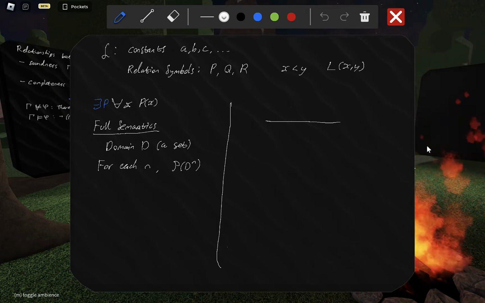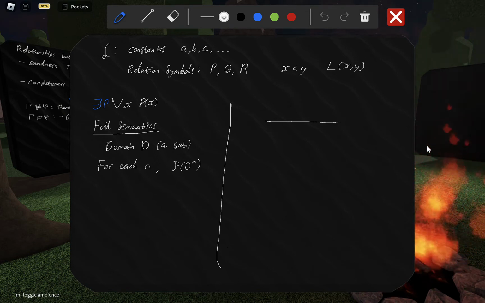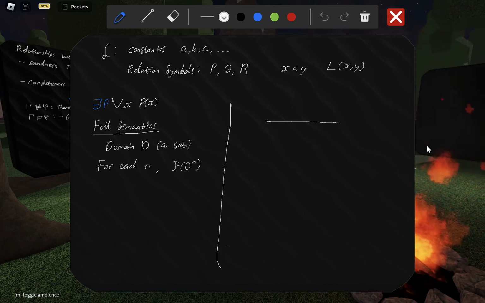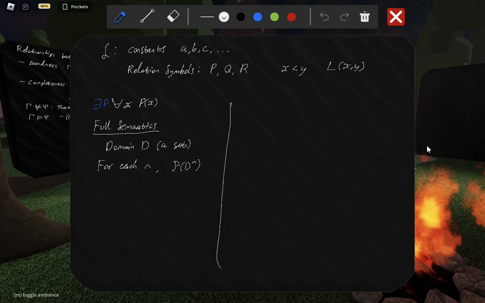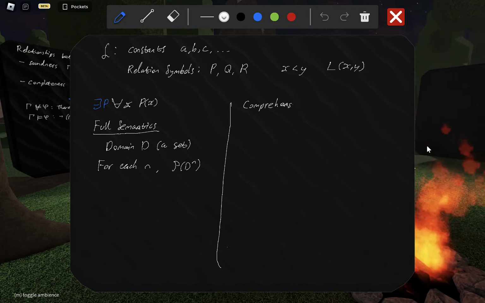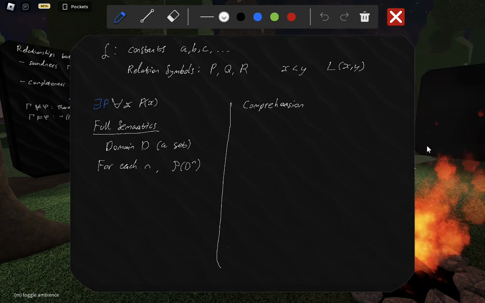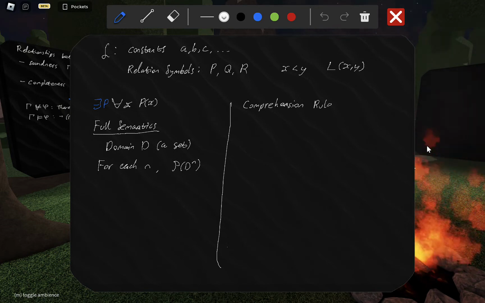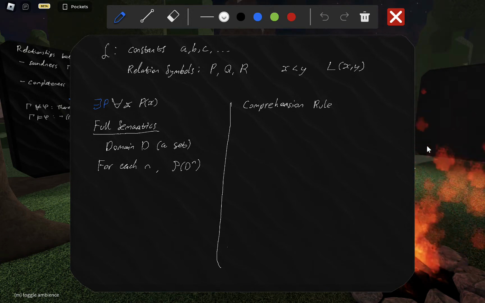Let me find my reference for this and I'll copy it from there. This is an instance of the comprehension schema, or maybe it's just the comprehension rule. We want to be able to make deductions like this.